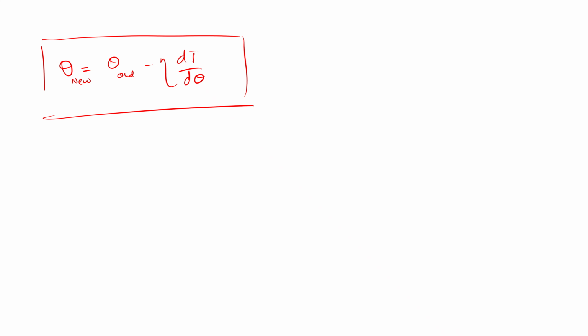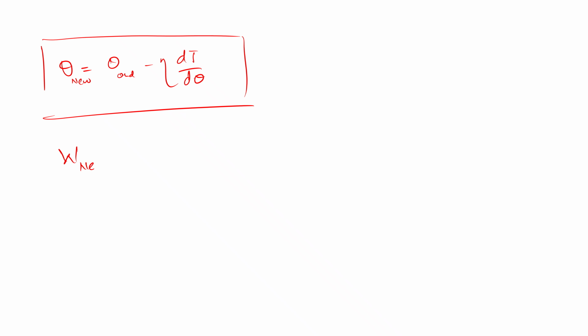We had this criteria from the scalar case, the gradient descent criteria, to adjust any weights. This was a general formula, if you remember: theta new equals theta old minus eta dJ by d theta, right? So using this criteria, we will update our weights.